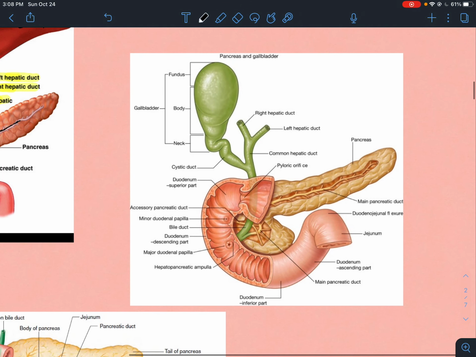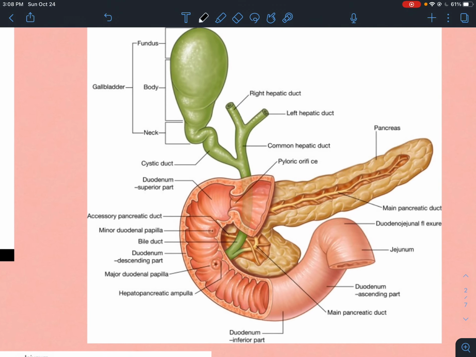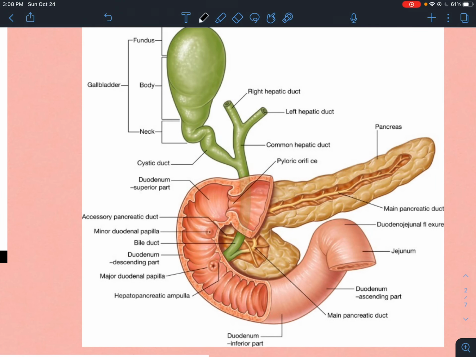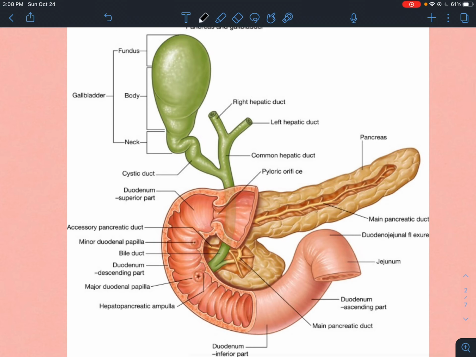Here we can see some further anatomy that can help us understand this a little bit, which is that, for example, if we follow these ducts again, we've got the right hepatic duct, the left hepatic duct, the common hepatic duct, leading to the bile duct. And the cystic duct is the one that is coming out of that gallbladder.